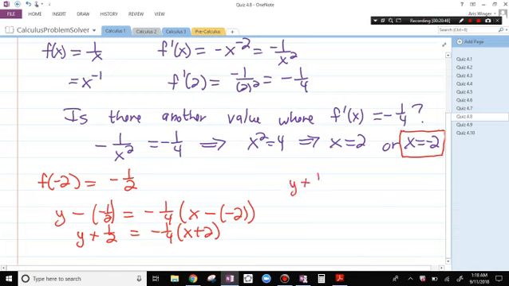y plus 1/2 equals negative 1/4 x minus, negative 1/4 times 2 is negative 1/2. Subtract 1/2 from both sides. y equals negative 1/4 x minus 1.